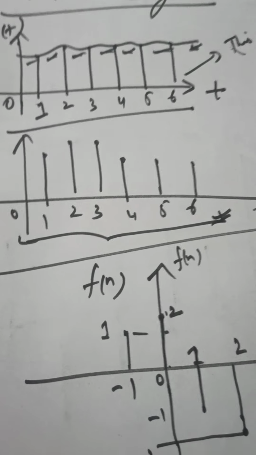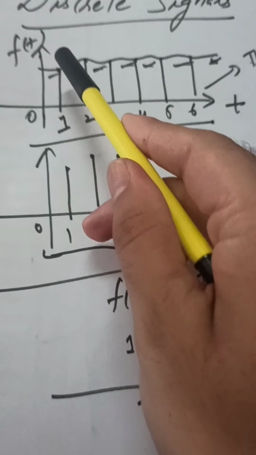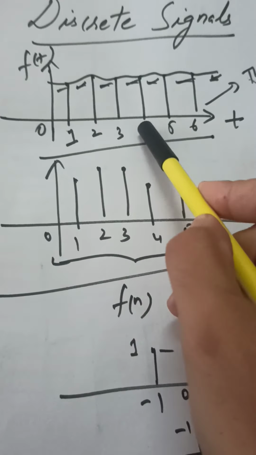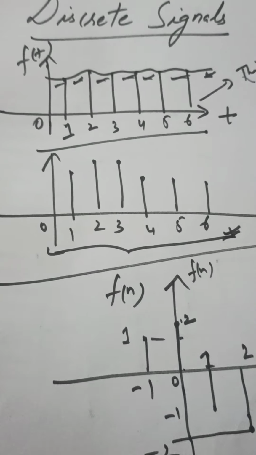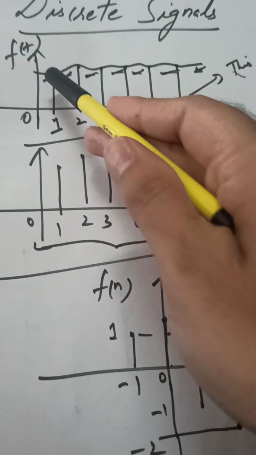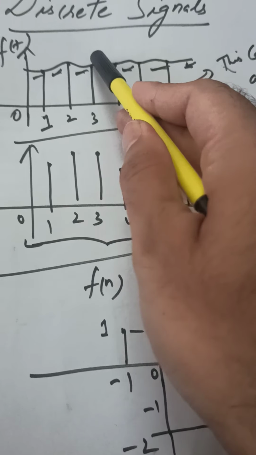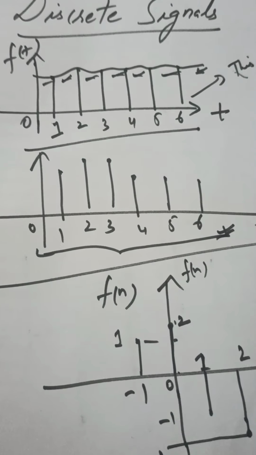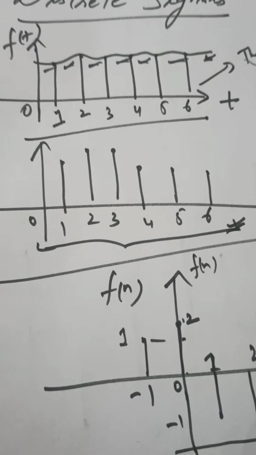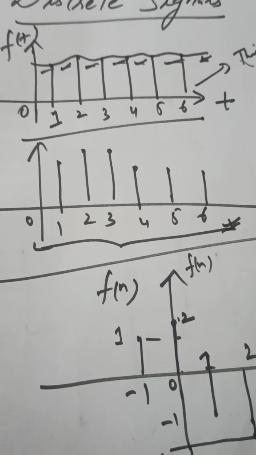If you discretize this signal at different instants of time, then you can easily observe that at some instants, suppose this part or this part or this part, these parts may be missed. These parts may be skipped.